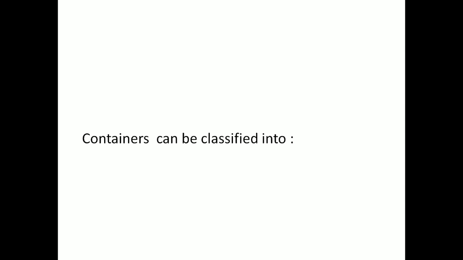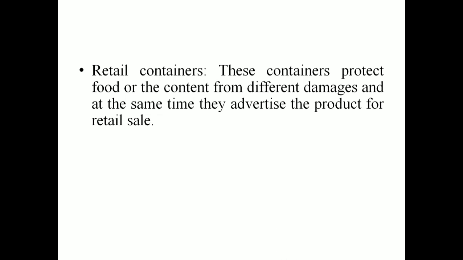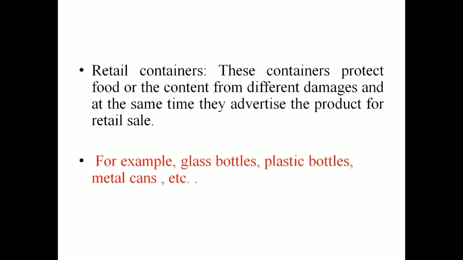And here we can see a different classification of containers. Retail containers are the first classification, and these containers protect food or content from different types of damages. I will tell you some examples. We have seen glass bottles, with pickles filled in them. Pickles are also sold in plastic bottles.